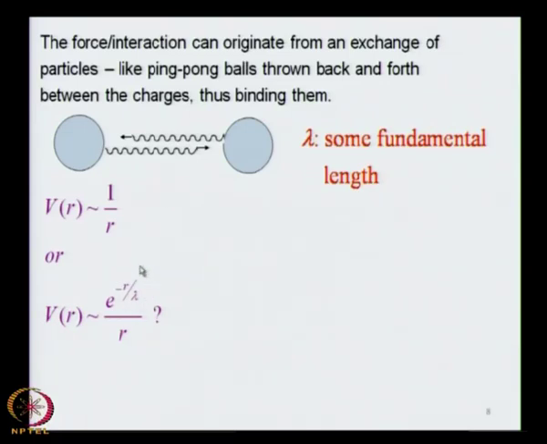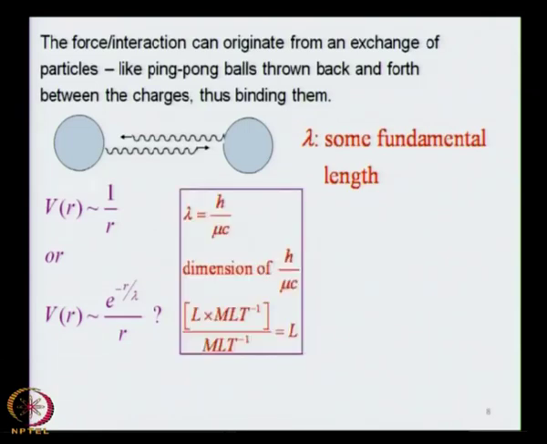And if you were to select some kind of a Yukawa type potential, then let us look at the form of this lambda. This lambda of course will have to have the dimensions of length, right, because it is coming as a denominator to this e to the minus r. So, it will have to have some dimension of length, and because it comes from the interaction of two charges from a very fundamental interaction, one would expect that this lambda must be some very fundamental quantity which has the nature of length.